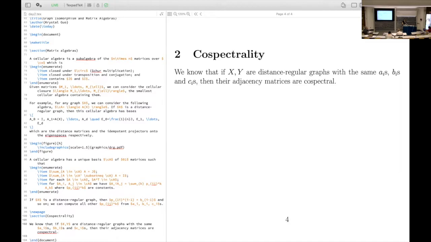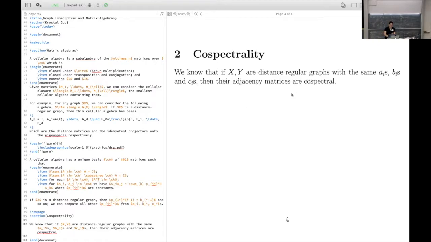Okay, so how does this look in this more general world of cellular algebras? For distance regular graphs, these a_i's, b_i's, c_i's play the role of all of the p_{ij}^k. So if they have the same intersection array, you can require the same for the cellular algebra.